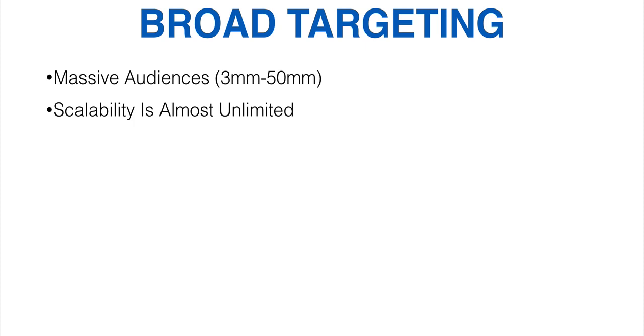I have ads targeting very broad communities of people that have been running for over a year now, and they're still profitable. It's amazing. Now, of course, broad targeting can sometimes mean lower conversion rates, because the broader you get, the lower quality the traffic starts to become in some cases.